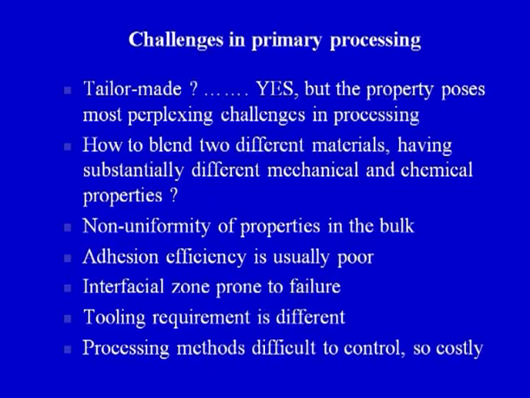The tooling requirements are entirely different because some of the fibers, like the glass fiber, are abrasive in nature, and when they are flowing in the tool or when they are put in the tool, they are going to abrade the tool material. I mean the mold in which we are going to make the composite material. We will see what a mold is in the subsequent lectures.